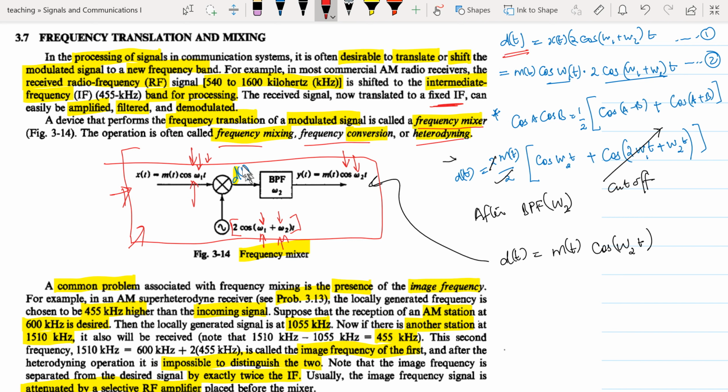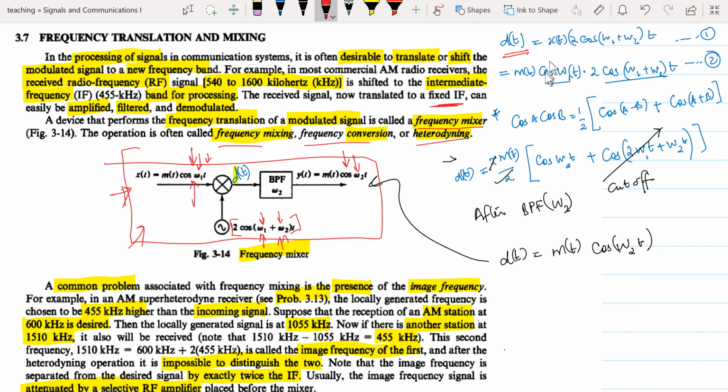I'm calling this signal at this time d of t, the demodulated signal before filtration, which is going to give us y of t. The d of t is a product of x of t and the mixing signal, which is 2 cos (omega 1 plus omega 2) t.